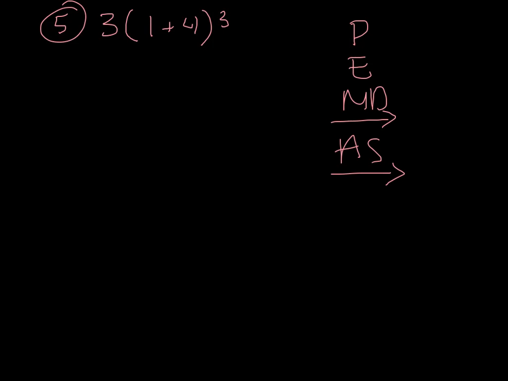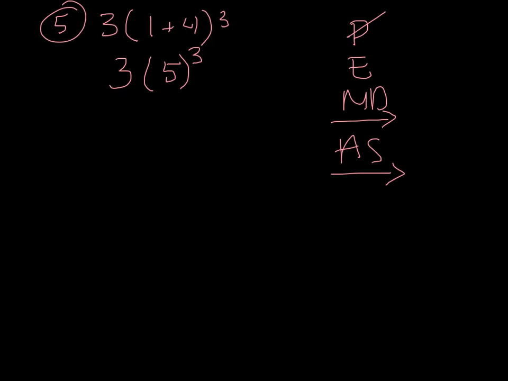I ask myself, is there an operation sign? In this one, I do see there's a plus. So all I have to do is add 1 plus 4, and I get 5. So now my equation says 3 times 5 to the third power. So I got my parentheses done, basically. There's nothing else I can do inside of them because I already did that operation of plus. So I can cross off the parentheses.